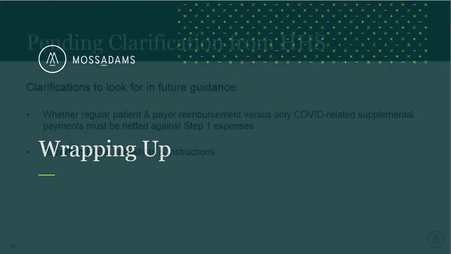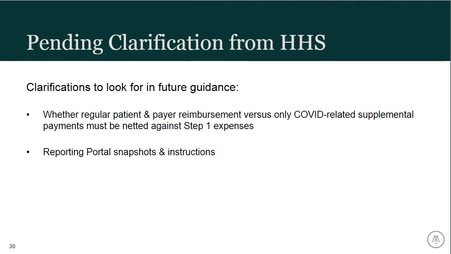So just as a little wrap up, thinking about some pending clarification elements from HHS. One question we get frequently, and I believe is out there to HHS, is whether we're going to consider regular patient and payer reimbursement versus only COVID-related supplemental payments netting against step one expenses.